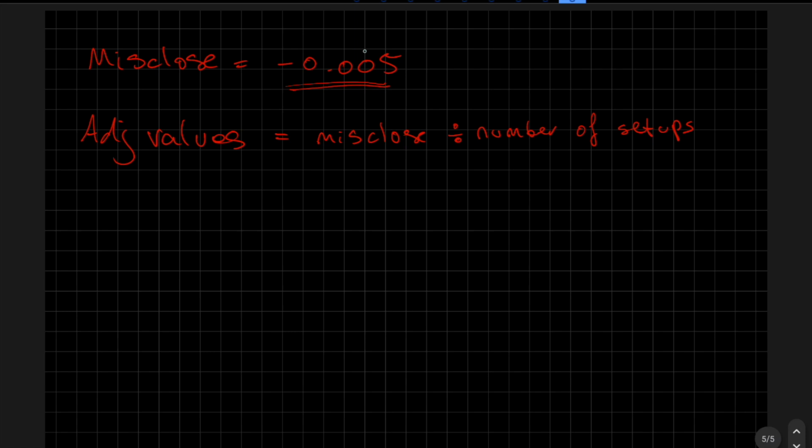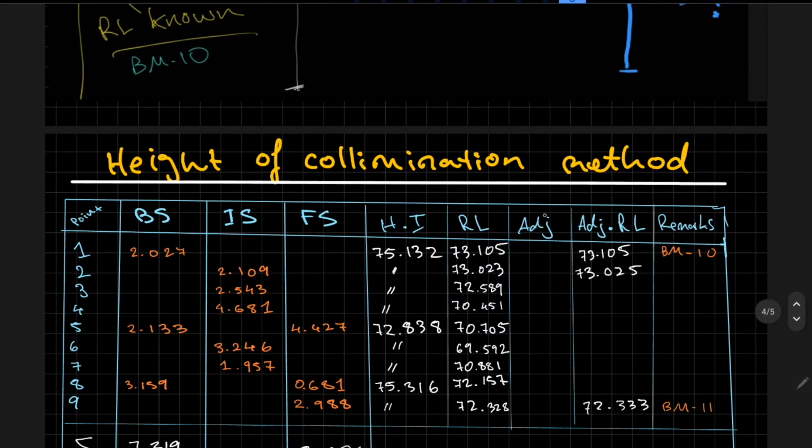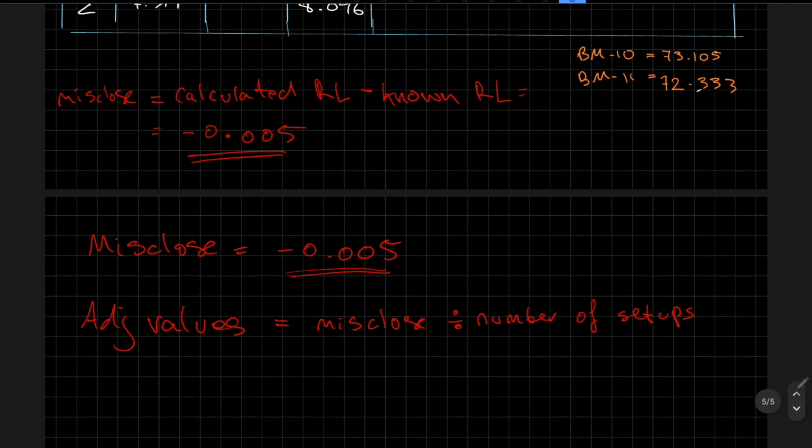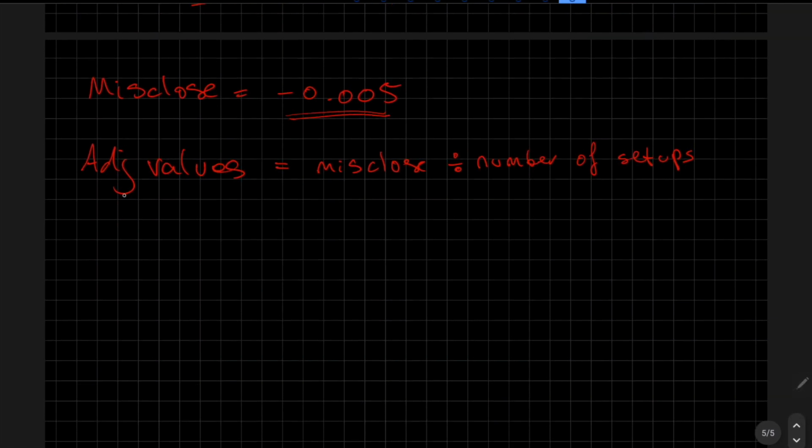Okay, now that we have calculated our misclose, we are going to go ahead and calculate our adjustment values. Adjustment values are here. So we need to calculate the values that are going to populate this table. I have written down an important rule once again. The adjustment values are equal to the misclose divided by the number of setups.